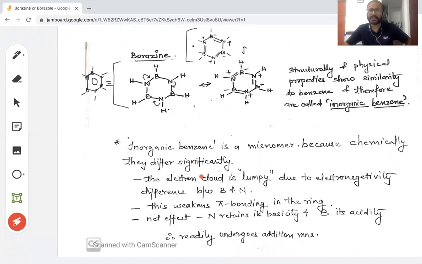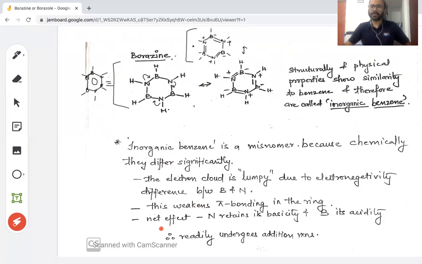This non-uniform distribution of the pi cloud over the Borazine planar ring system makes the pi bonding weak in nature. It is not a very strong pi cloud as you find in a normal benzene molecule, but rather it is weak.